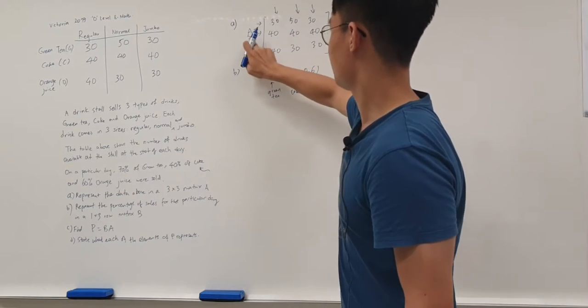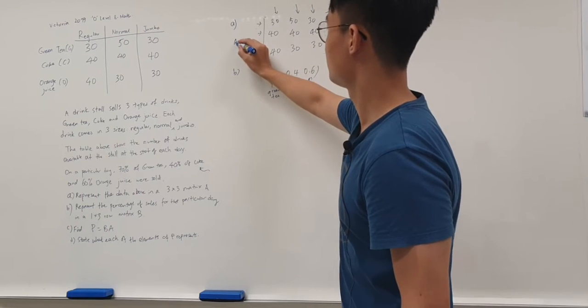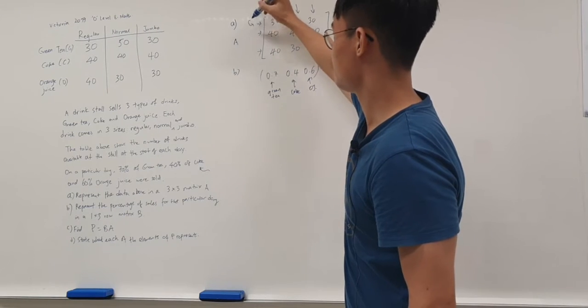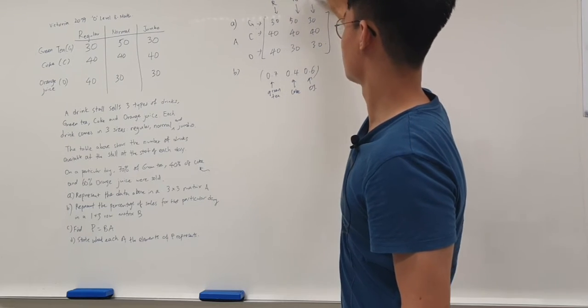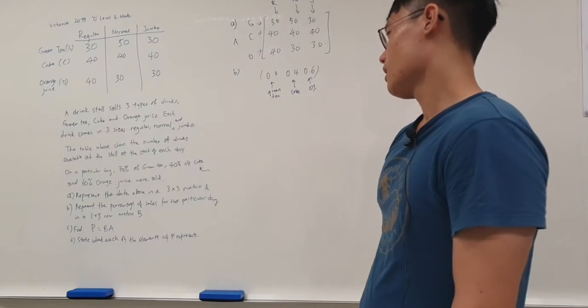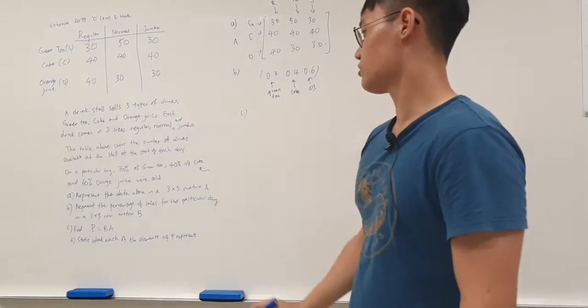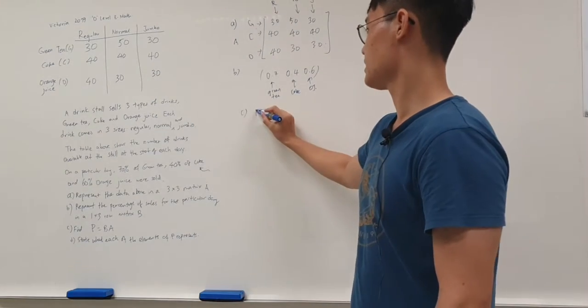Okay. Similarly, let me just annotate for you. This is green tea. This is Coke. This is orange juice. This is regular, normal, jumbo. Okay. So now what we have to do is to find P equals BA.